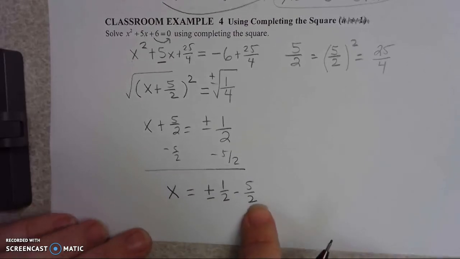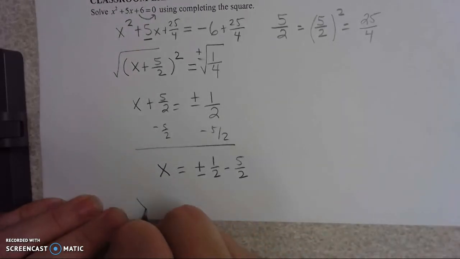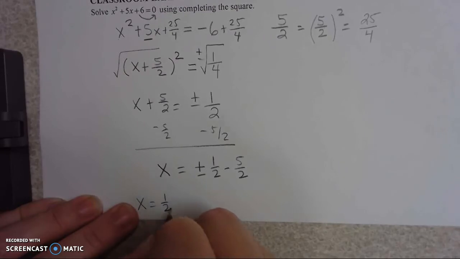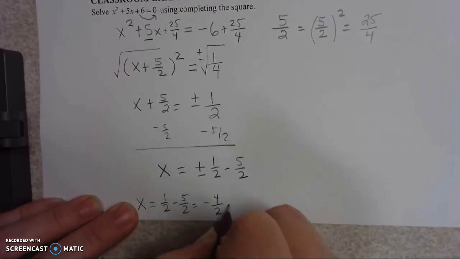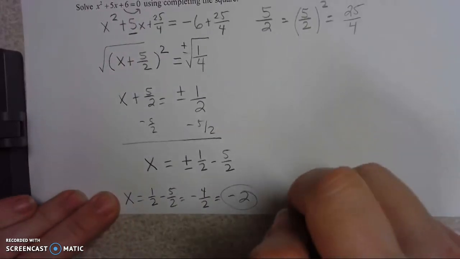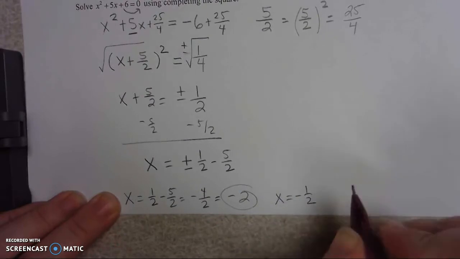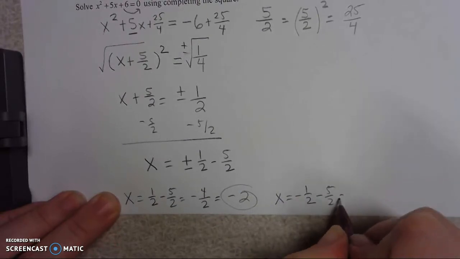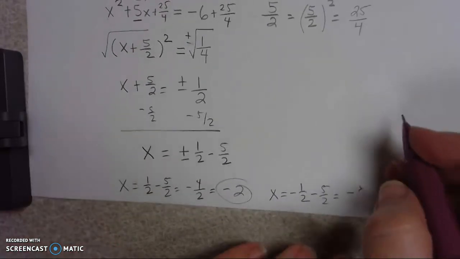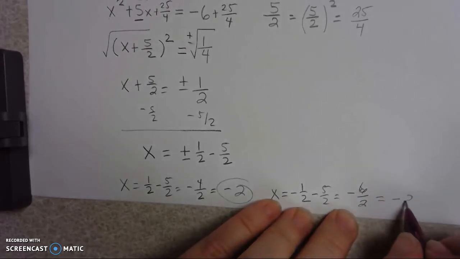Now you can combine this together to find the two answers that x equals. So I'm going to say x equals 1/2 minus 5 halves, which would be negative 4 halves, which is negative 2. Then x equals negative 1/2 minus 5 halves, which would be negative 6 halves, which is negative 3.